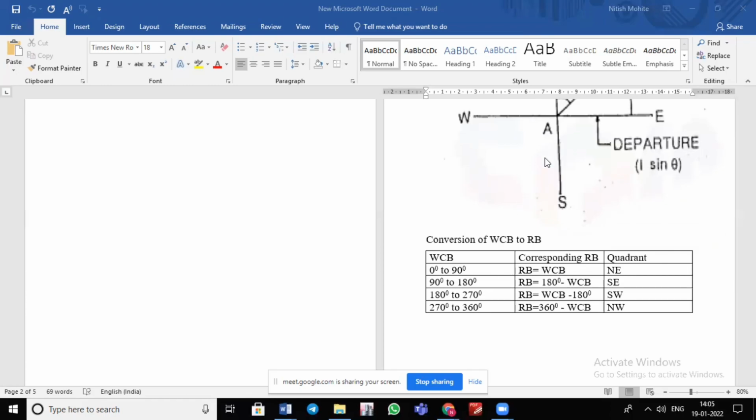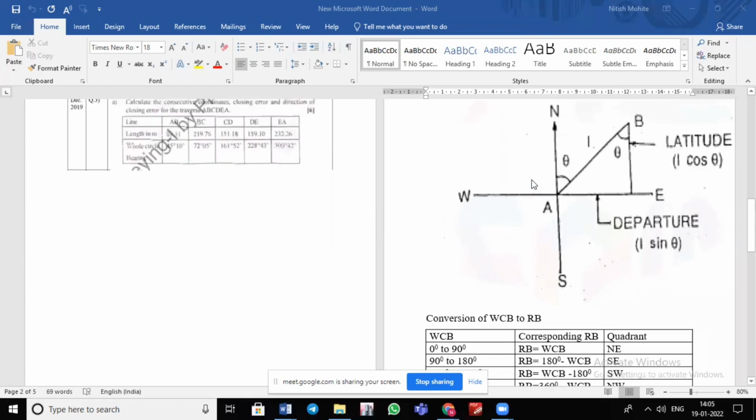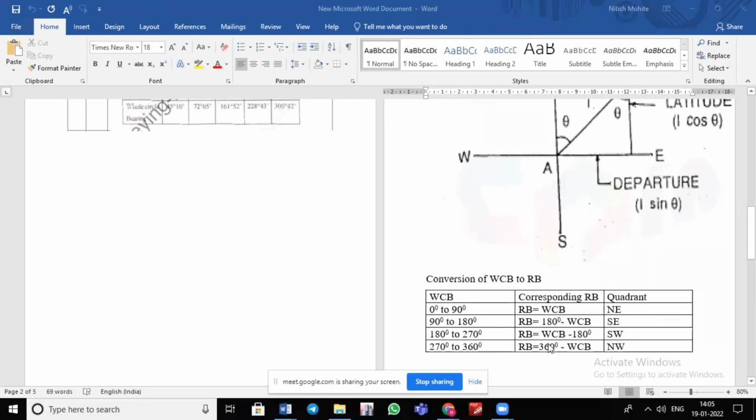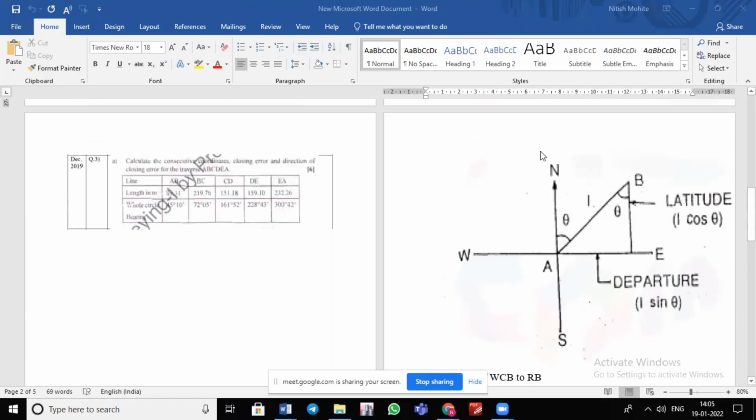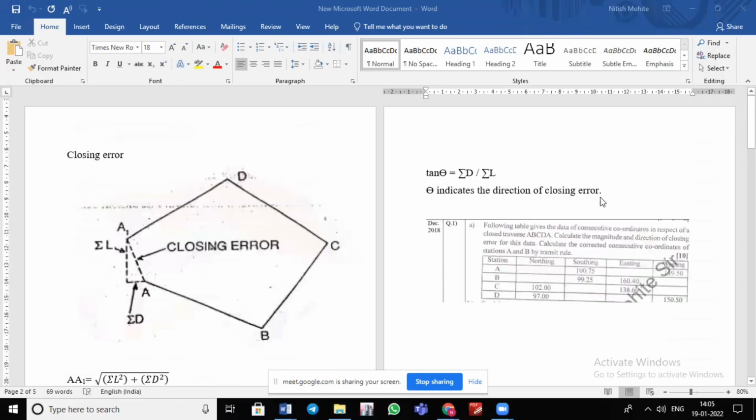Suppose the line lies in the southwest quadrant: WCB minus 180 will give us the reduced bearing. And when the line lies in the northwest quadrant, it is 360 degrees minus the WCB that you have measured.